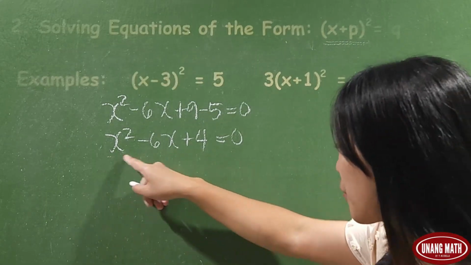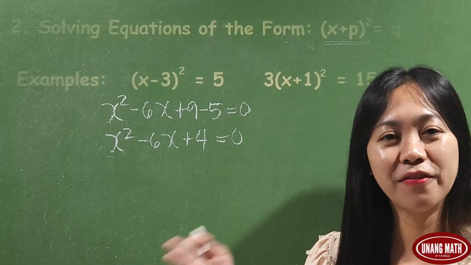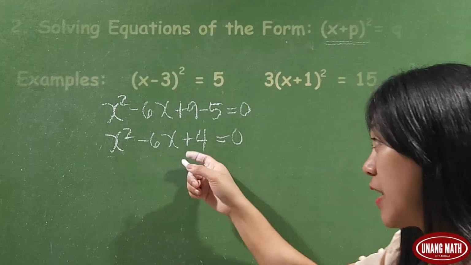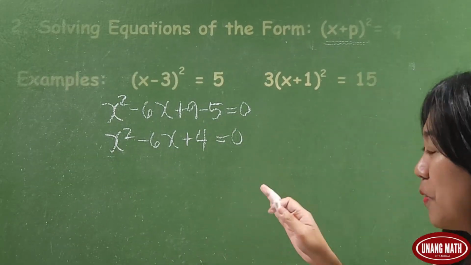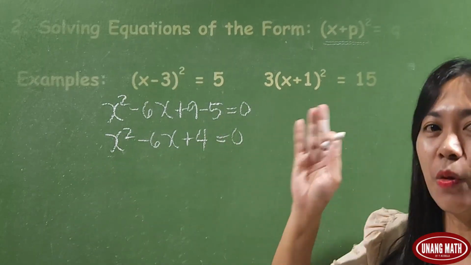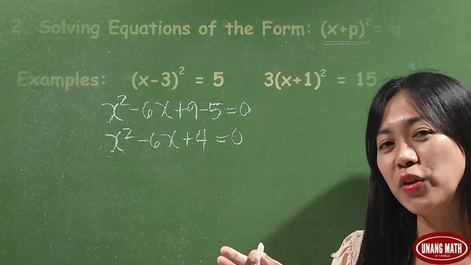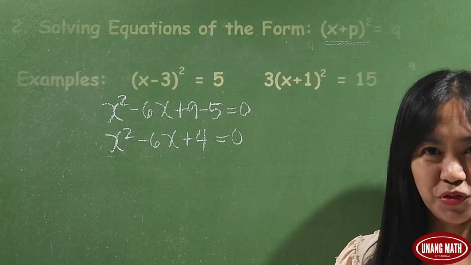If we try to factor this, it would be difficult to find the factors because the factors here are irrational numbers. So, to solve this kind of equation, we are not going to use factoring. We will be using square roots.